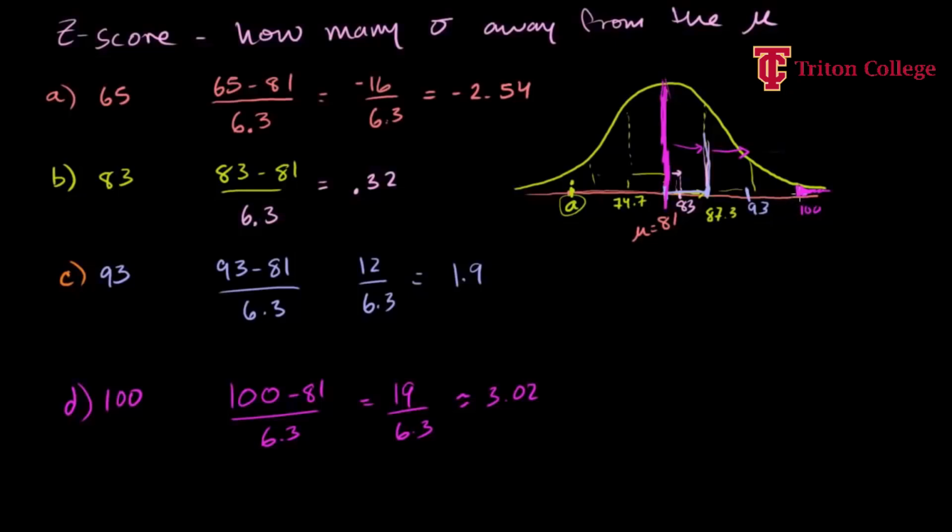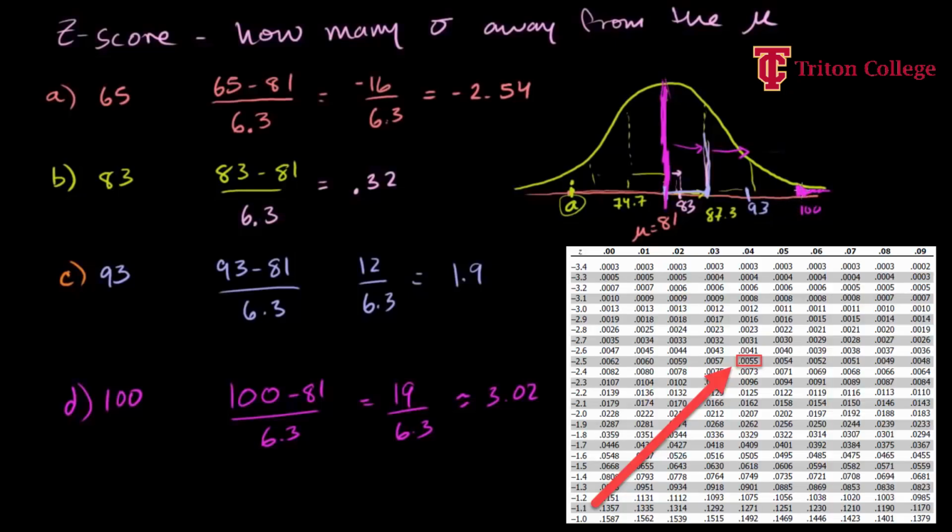In A, if we have a score of 65, we're assuming a mean of 81 and a standard deviation of 6.3. That gives us a z-score of 2.54 on our curve. Now, if you look at a z-score chart, you can look this up, and you can get one online, and we can see when we intersect that number, we get 0.0055.